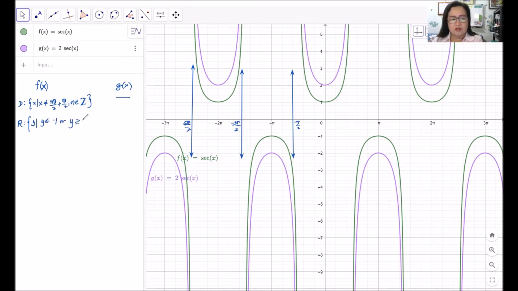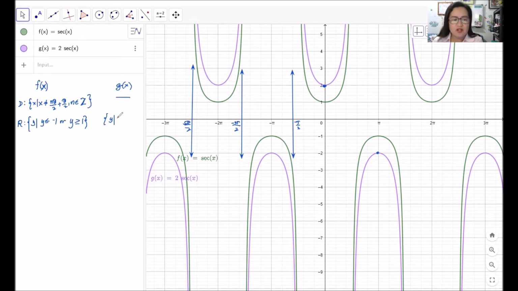Now for the g of x, which is described by the function 2 times secant x, the range would be, notice that we have here 2, then negative 2 for this point.